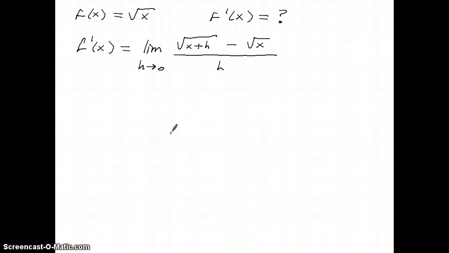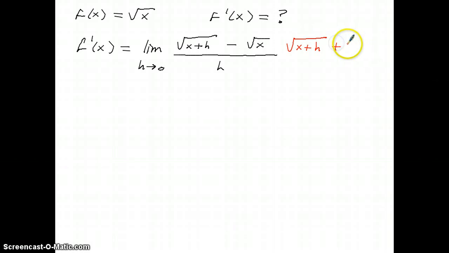And you're like, let's see here. What could I possibly do? What the heck is going on here? What could I do to simplify this problem? There's not really a whole lot you can do except you can do something called rationalize the numerator.